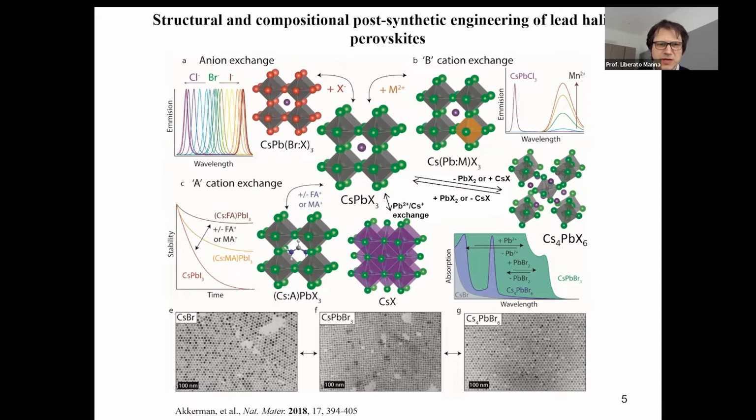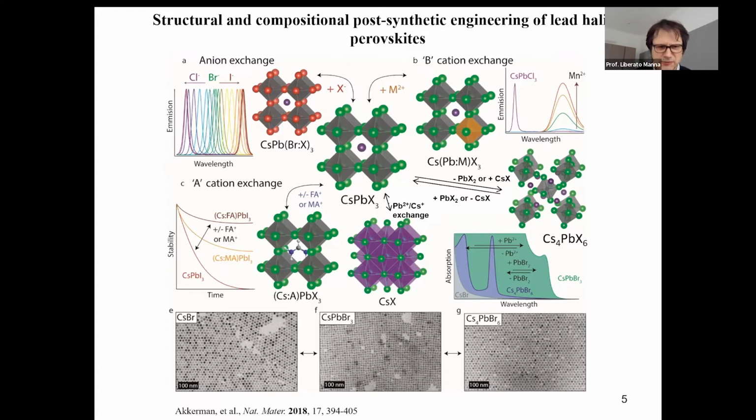For example, you can do an ion exchange in these materials to tune the optical band gap, but you can also do A-side cation exchange. You can exchange, for example, cesium with formamidinium, and you can do a lot of other chemical transformations.